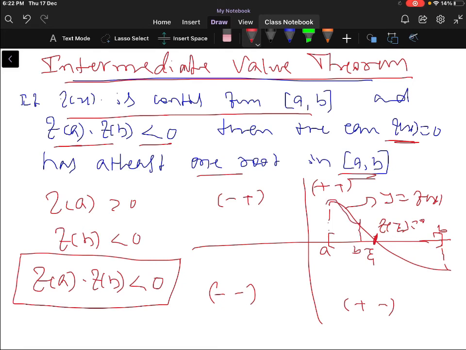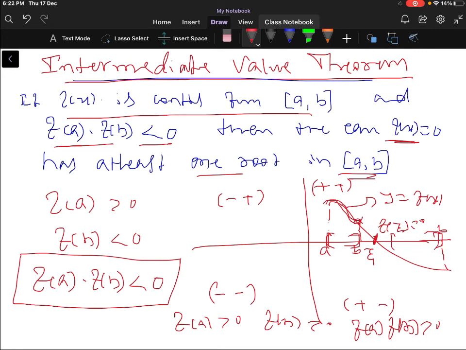If I consider the function defined in interval ab, here f of a is positive and f of b is also positive. F of b lies in the first quadrant, so both are positive. Therefore f of a into f of b is positive. So there is no root in this interval.